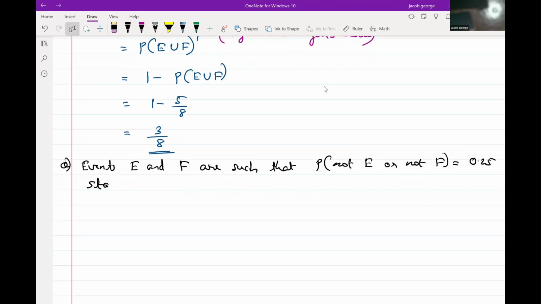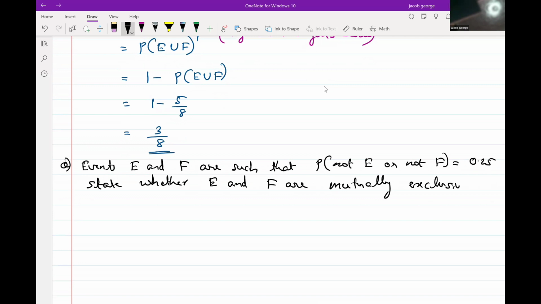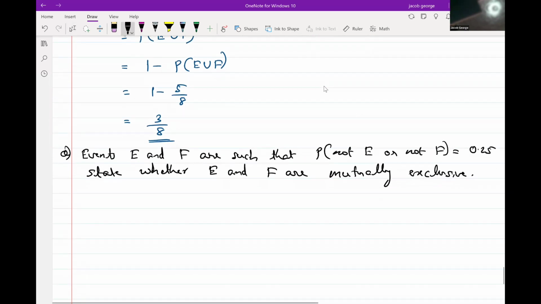Please write this one. Events E and F are such that P of not E or not F is equal to 0.25.